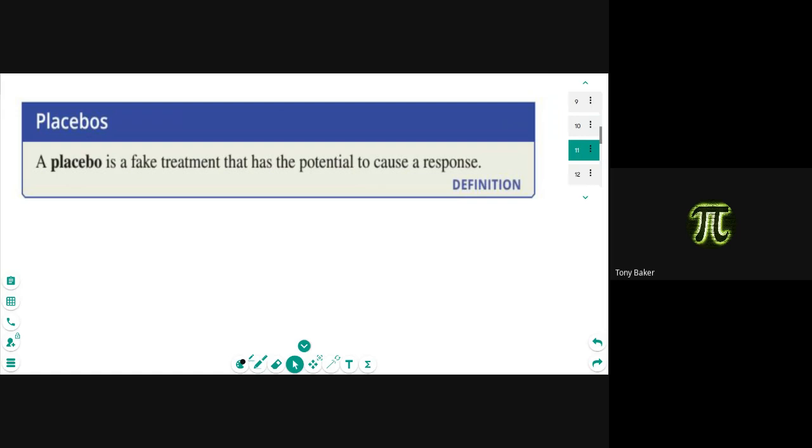So these are people who could die for other reasons, but since they died in that group, it has to be listed. If you're studying a cancer treatment, for example, and the person dies of cancer while taking your treatment, you don't know if they died because of your treatment or because of the cancer. There's no way to determine that. So you have to say a possible side effect of this is death, because that happened.